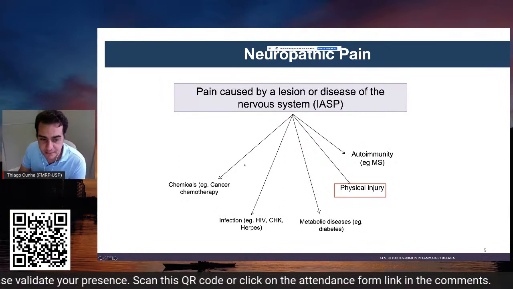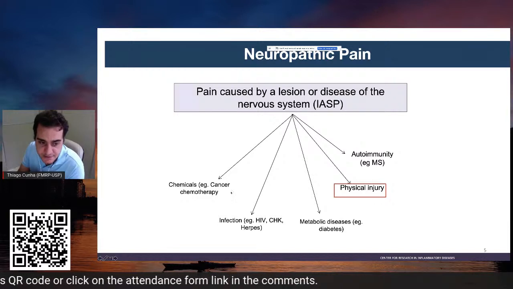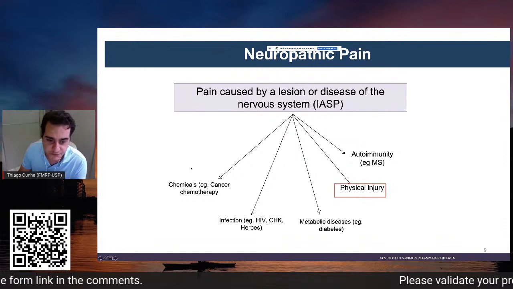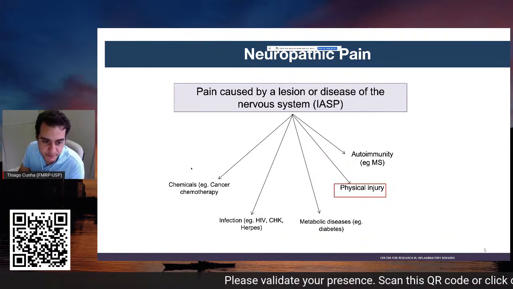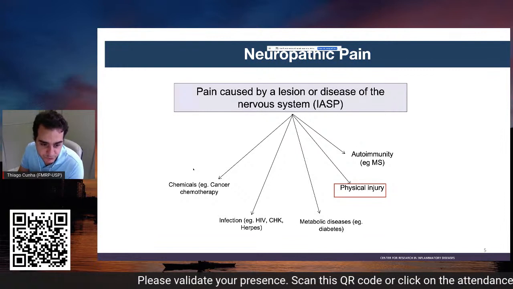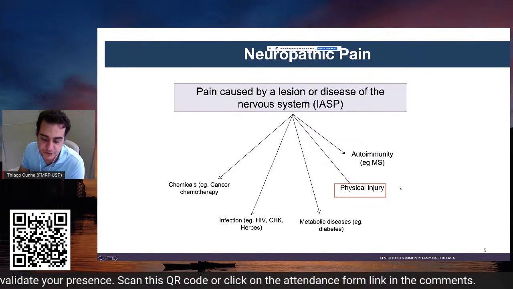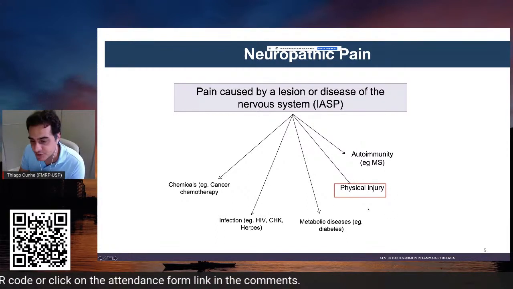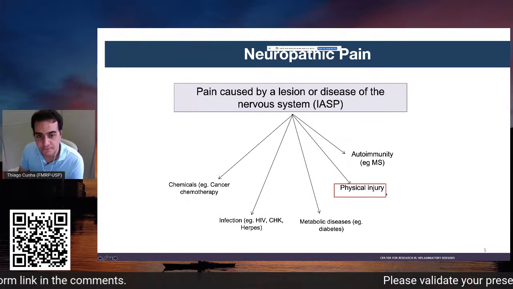Neuropathic pain can be caused as well by chemicals like cancer chemotherapy, for example in people treated with paclitaxel or other chemotherapy drugs, by infection, but also by physical injury. When you have a compression of neurons, these persons can develop neuropathic pain.